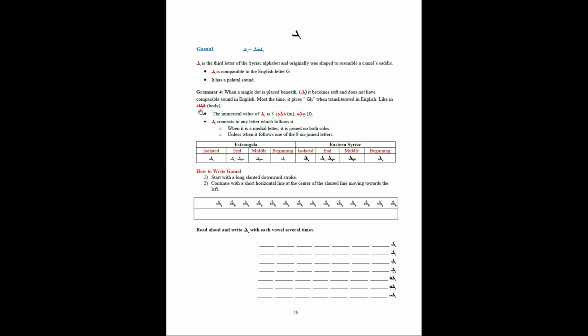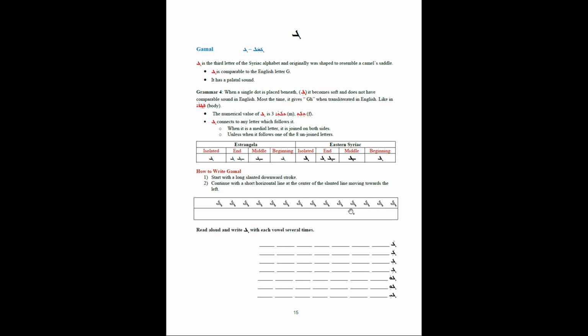The numeric value for Gamal is tlatha for male, tullath for female. Gamal connects from both sides. And here is exactly how it's going to look in a word, and here is how we're going to start writing Gamal.